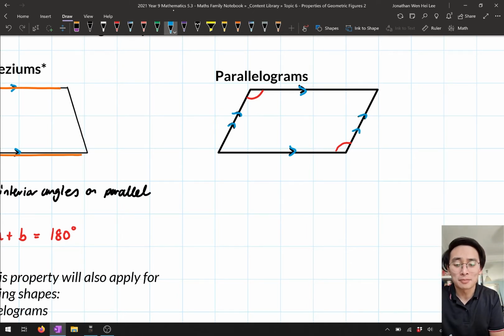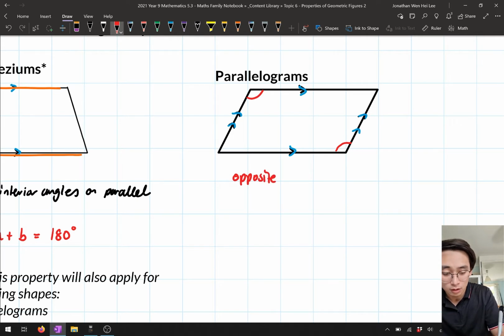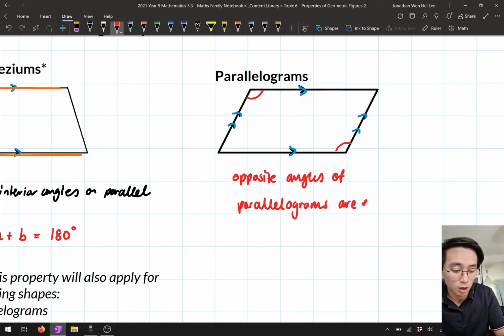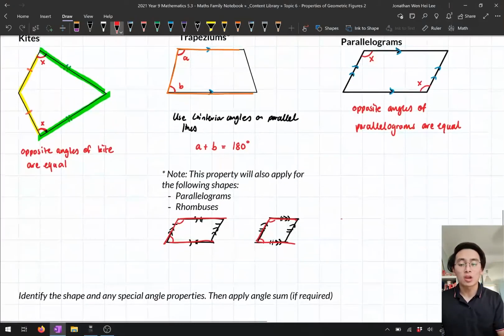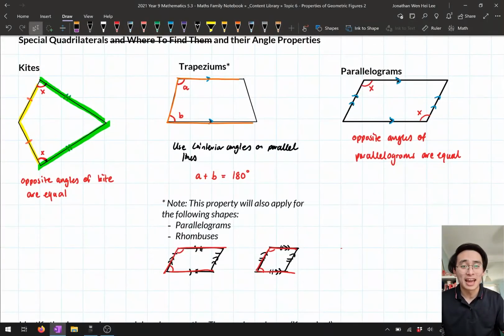The special thing about parallelograms, and this comes from the fact that we've got two pairs of parallel sides, is that the opposite angles of parallelograms are equal as well. And so here, this angle is going to be the same size as this angle down here. So these three special properties are actually quite useful for us if we want to find missing angles in a few of our quadrilaterals as well.